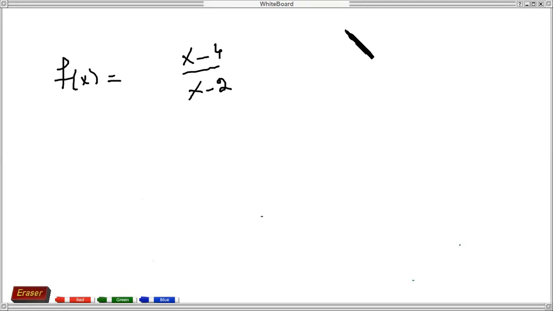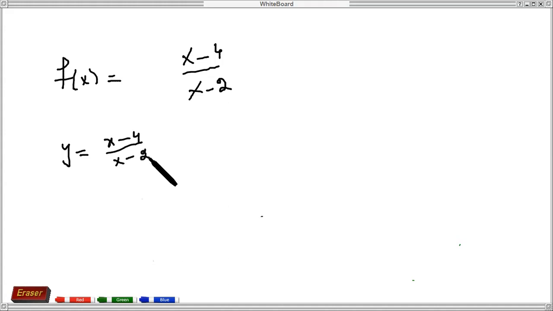So there are four steps for finding inverse. What is step number first? Step number first, replace f of x with y. Great. So replace f of x with y. It means that y is equal to x minus 4 divided by x minus 2.